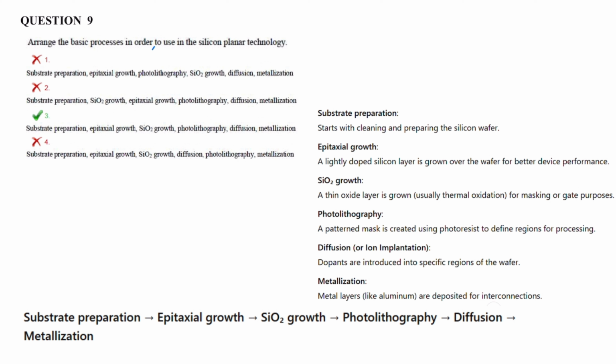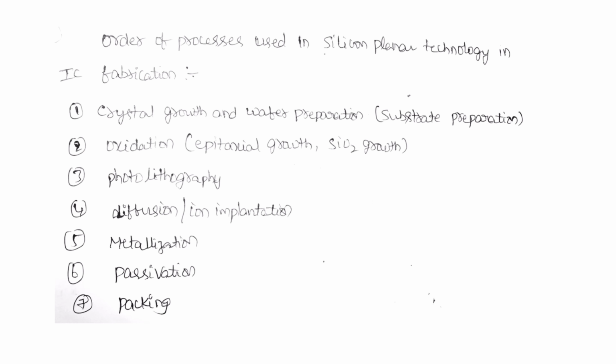Initially it is substrate preparation, epitaxial growth, SiO2 growth, photolithography, diffusion and metallization. So the order of processes used in silicon planar technology in IC fabrication is: first crystal growth and wafer preparation, that is substrate preparation, oxidation, epitaxial growth and SiO2 growth, photolithography, diffusion or ion implantation, metallization, passivation and packing.